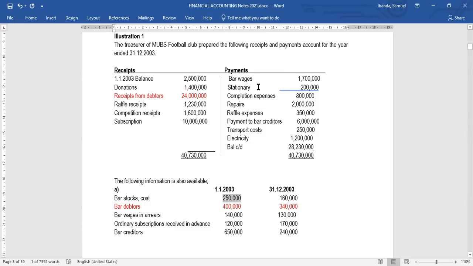Let me see: bar wages, stationery, completion expenses, repairs, raffle expenses, payment to bar creditors, transport costs, electricity, balance carried down. So I don't see direct purchases, but something very similar that I see here is the payment to bar creditors.